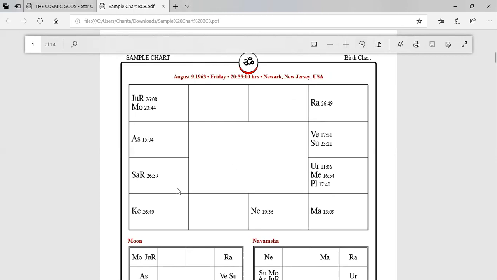So again, starting here is the main birth chart. Again, we're always going to reference this chart, okay? Of course, these different boxes, if you will, represent the constellations. They represent the houses as well. Now, in your cheat sheet, you should already know which constellation each of these boxes represents, okay?